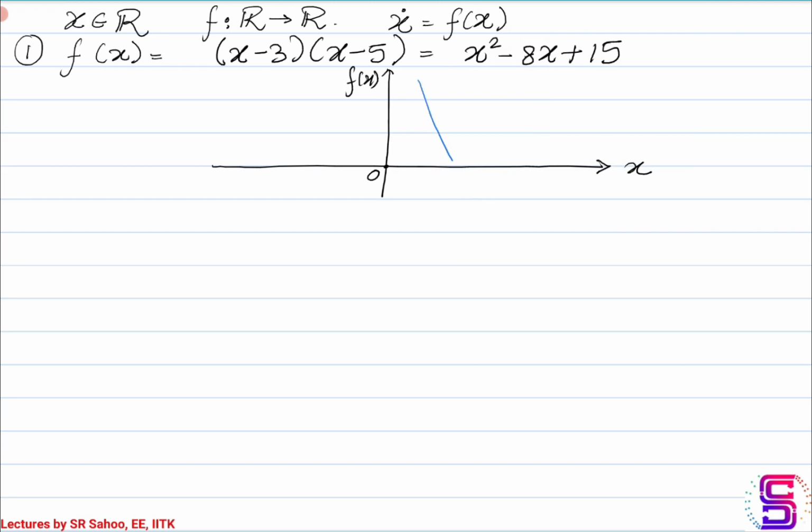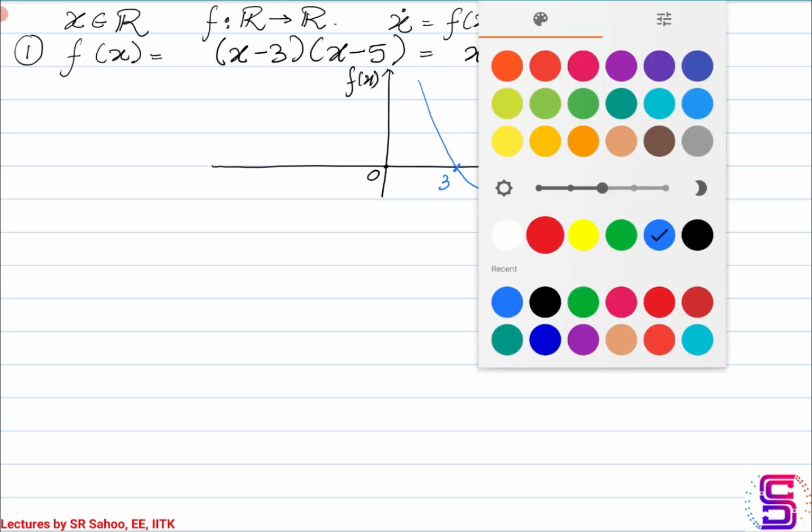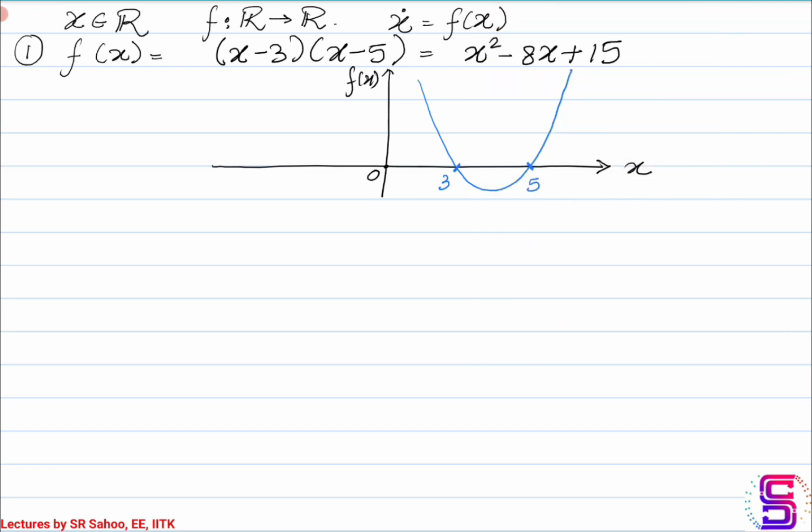Okay, so this is x equal to 3 and this point is x equal to 5. So if you look for the vector field, in such a case, we'll only worry about the sense of direction of the vectors along the real axis.